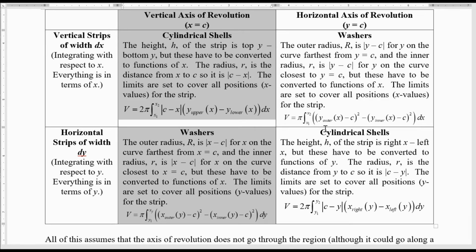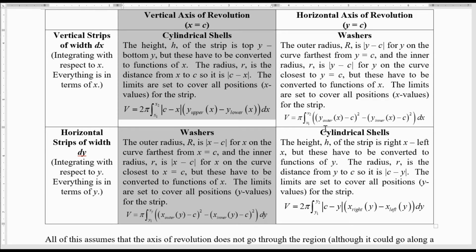And the radius is the distance from x to c, so it's the absolute value of c minus x. If c is bigger than x, if the line is always to the right of your region, then the absolute value of c minus x is just c minus x. But if the line is to the left of the region, then the absolute value of c minus x is x minus c.